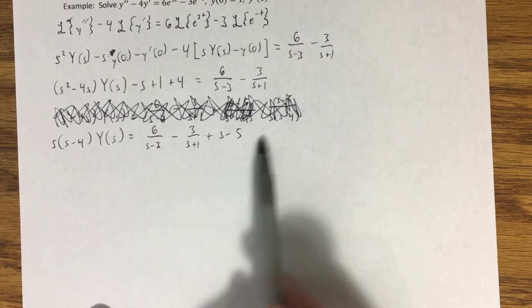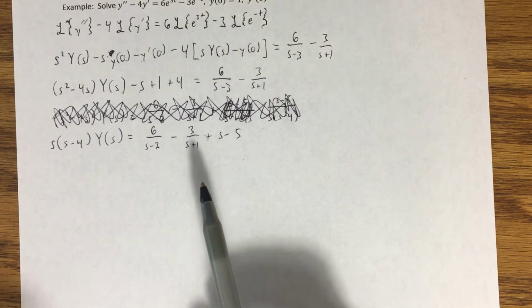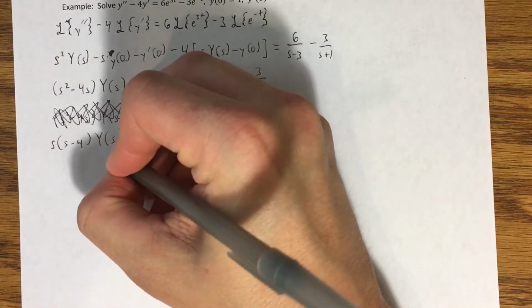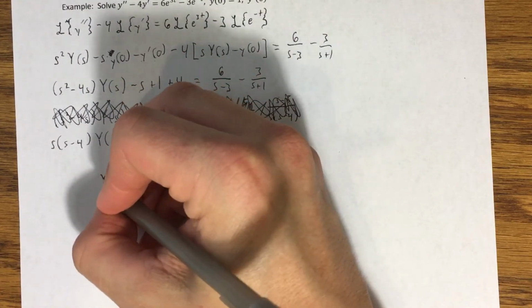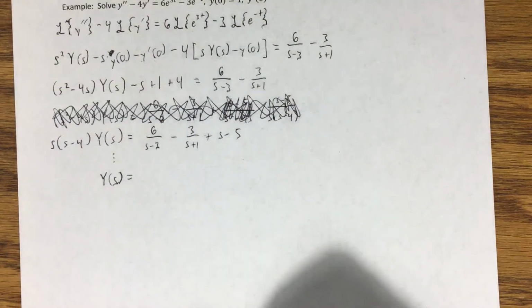But I also want to combine all of this into one big rational expression. Now there's going to be a lot of algebra to get to this next step, but I'm going to go like this, dot, dot, dot, because I want to spend not so much time on just the algebra. I would like to get to the important stuff.